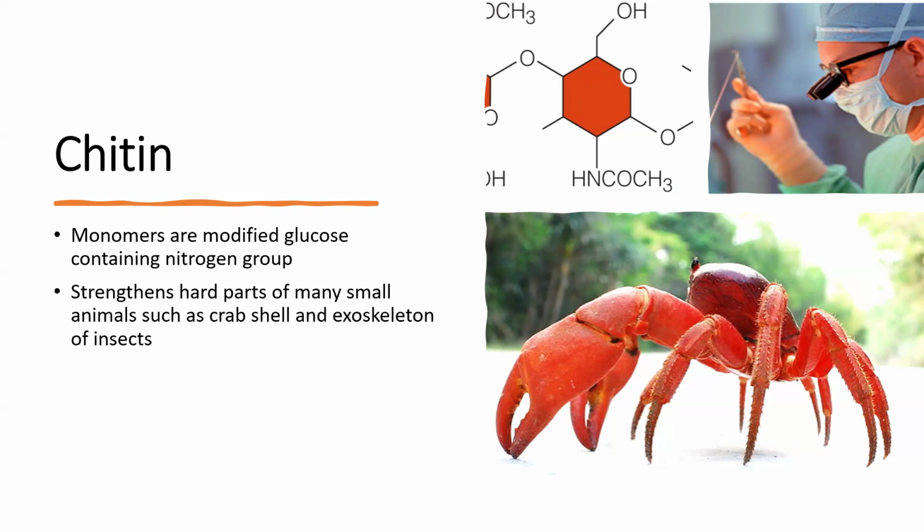We do not have chitin. We do not have cellulose either. But we have figured out a way to use chitin. Chitin is used to make surgical threads. They make it synthetically in the lab. They don't extract it from the crabs or anything like that.